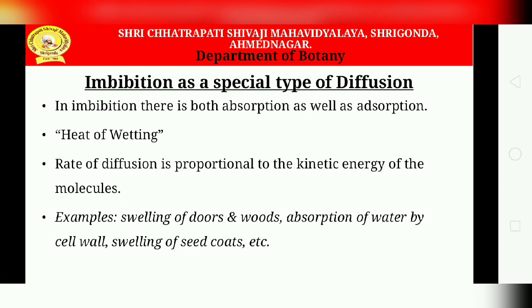The rate of diffusion is proportional to the kinetic energy of the molecules. Examples are the swelling of doors and wood, absorption of water by the cell wall, and swelling of seed coats. These are the various examples.